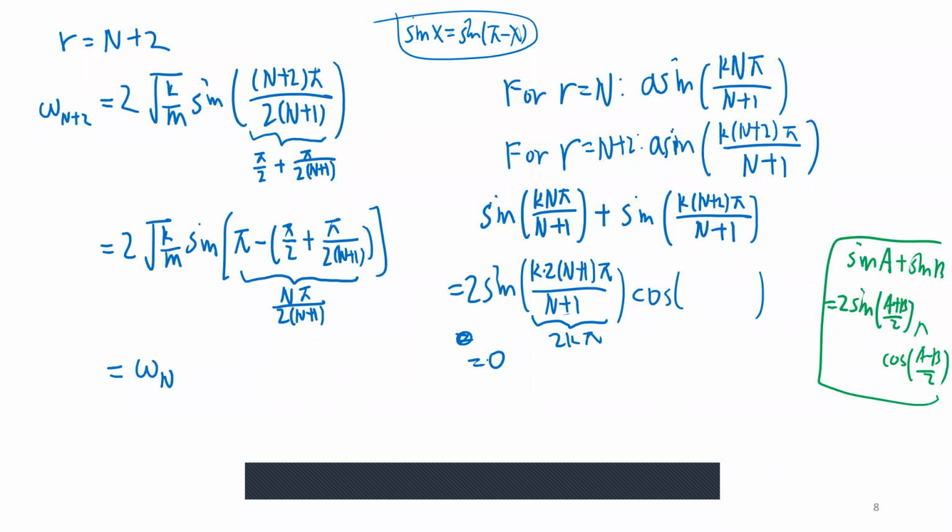Right? So that means this plus this is 0. That means this is just equal to minus this one. Therefore, the eigenvector for r equals n plus 2 is just the negative of the eigenvector corresponding to r equals n.